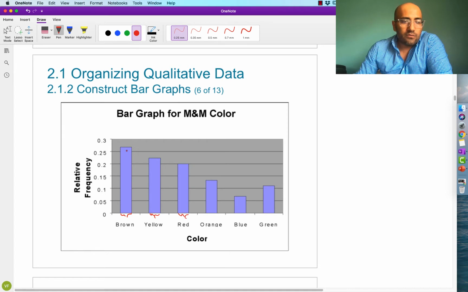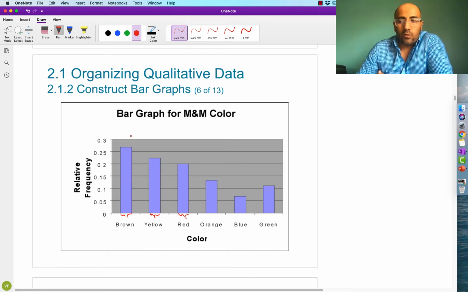So for browns, see, we lose precision because it's not exactly clear how high it is. It looks like it could be 0.27, or maybe 0.265, right? I'm not sure.